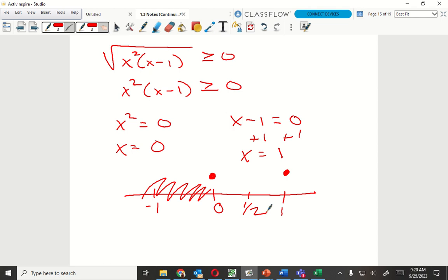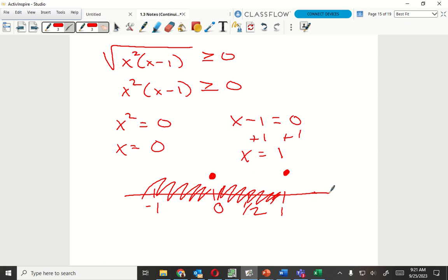No. So that means that nothing in here works. It works at 0 because when this is 0, anything times 0 is 0, even though 0 minus 1 is negative 1. It's still going to give me 0 because my x squared gives me 0. So it exists right there, nowhere else over here, and at 1.